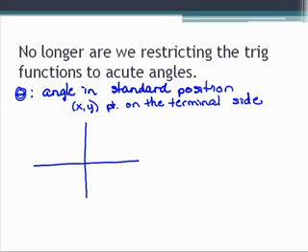So we have an angle in standard position. It starts at the positive x, and we're going to travel counterclockwise over to here. So there's our terminal side. Our point right here is just the point x, y. And this angle in standard position then is theta.